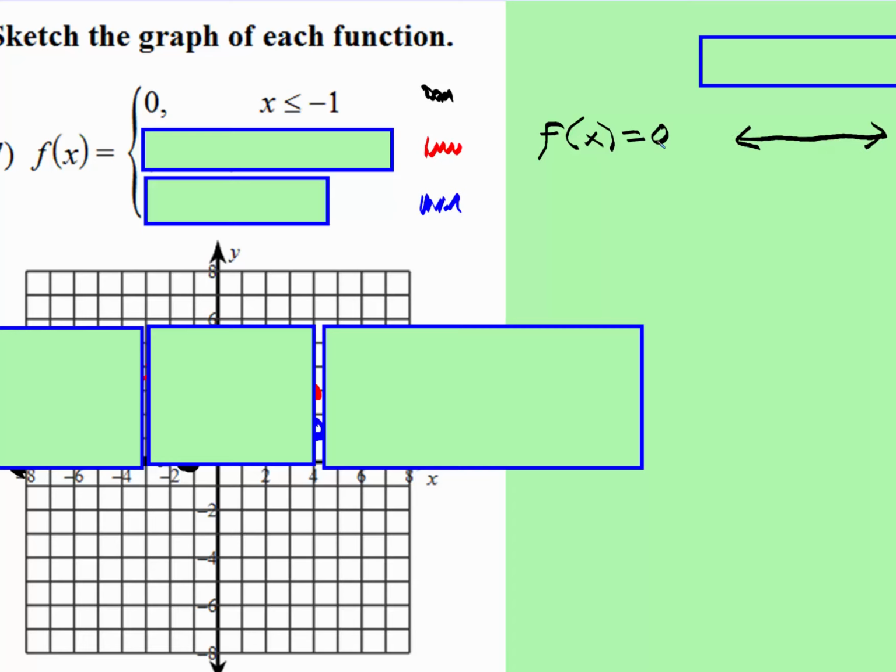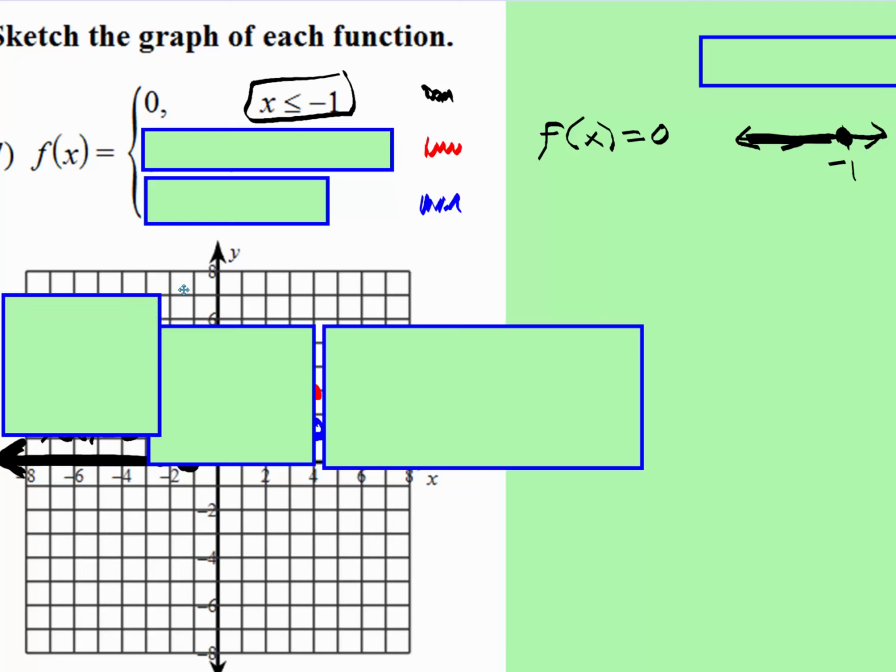So we know we have a horizontal line at 0, but the only piece that we care about is where x is -1 or smaller. So the graph would look something like this.